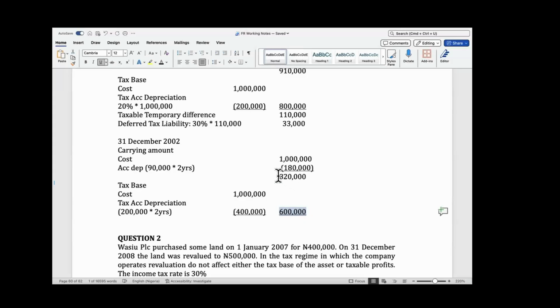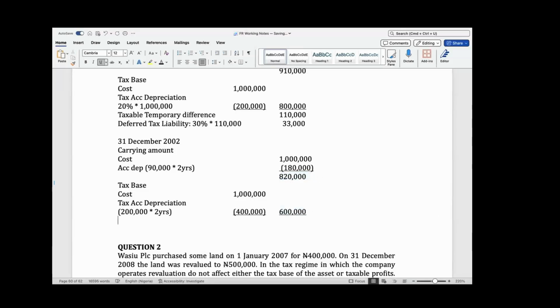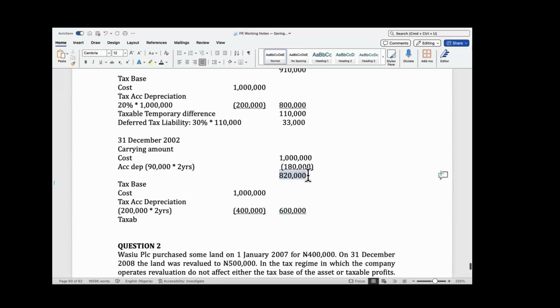This is the depreciation you will charge over the remaining life. So if your deduction is lower, that means you are having a taxable temporary difference. That's why some people just cram it without understanding it. If you understand it, then you cram and have a methodology, that's fine. I don't have a problem with that.